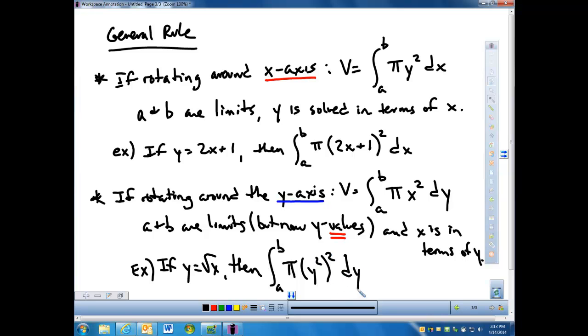Well, go over to the function that we have and solve it for x. We have the square root of x equals y, so we're going to square both sides. The square and the square root cancel out, and we get x equals y squared. So it's the same equation, it's just been written as an x equals problem instead of a y equals problem.